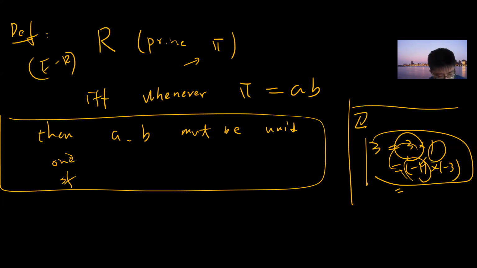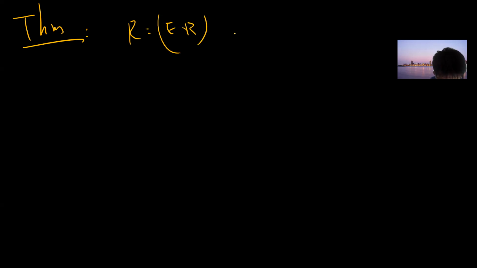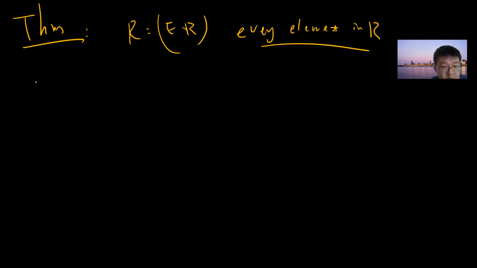Okay, so this is what should be our final theorem. If R is a Euclidean ring, then every element in R is either a unit or a finite product of primes.